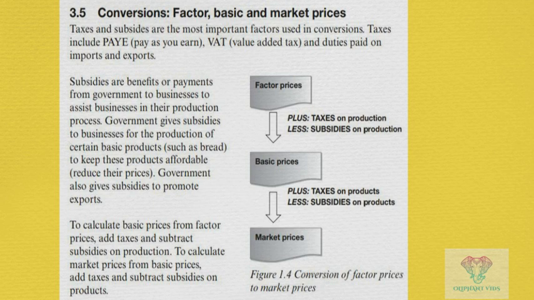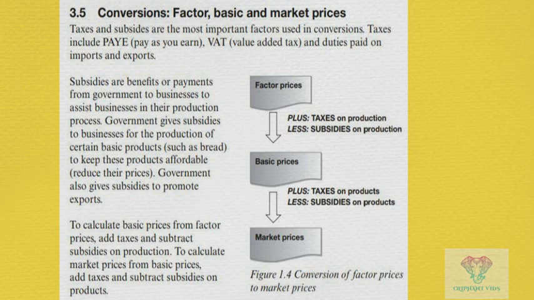Subsidies are benefits or payments from government to businesses to assist businesses in their production process. Government gives subsidies to businesses for the production of certain basic products such as bread, to keep these products affordable or to reduce their prices.